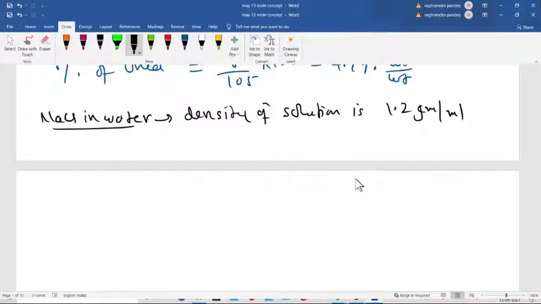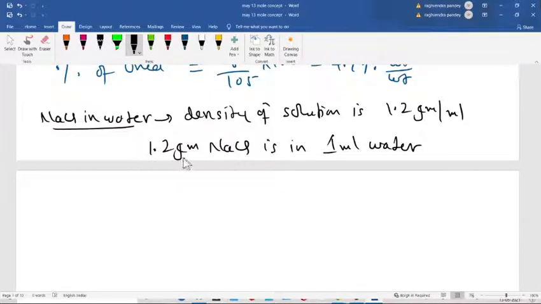Here they have given the density of the solution. The density of pure water is always 1 gram per ml, but this is the density of the solution. Sometimes students understand this as 1.2 gram NaCl in 1 ml water.